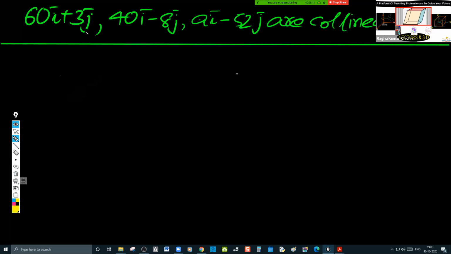Now here you can proceed with the determinant form, or otherwise you can even go for the area of the triangle, because it is i bar, j bar, which means it is a 2-dimensional plane. You can simply follow the concept of the slope also. Now let us write the determinant, that will be easy for you.